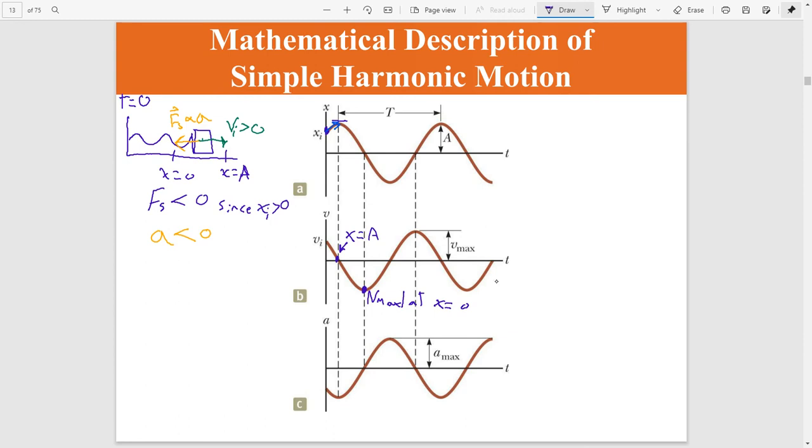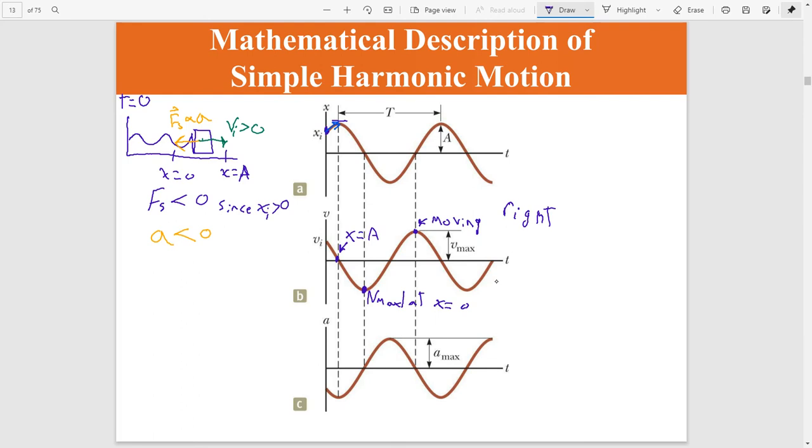The same thing is shown here, where we're passing equilibrium again, but this time we're moving to the right, about to reach that point of max stretch, which we already did a cycle ago.